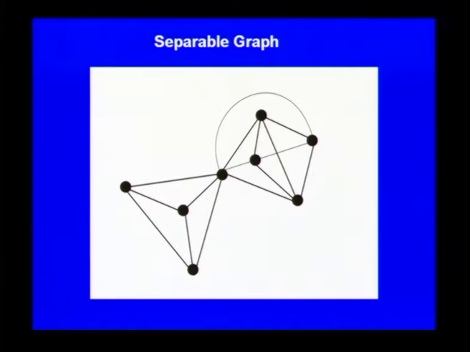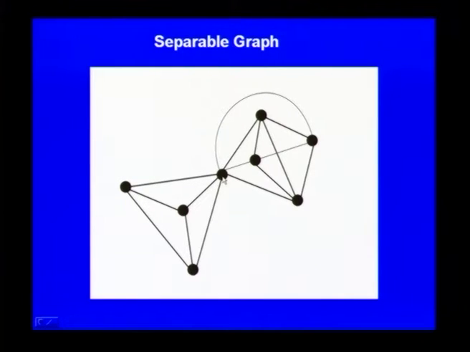Look at this graph. In this graph, if you remove these 3 edges, this is a cut set. You remove these 3 edges, you may get 2 disconnected components. If you remove these 4 edges, you may get 2 components and so on. But if you remove this vertex along with the edges connected to that, you will get 2 disconnected components.